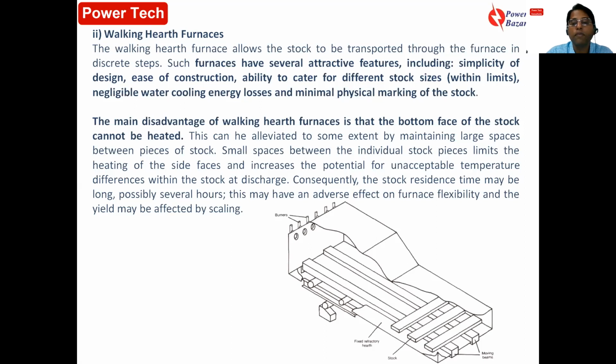So, it will have some effect on the furnace flexibility and the yield. Now, if the material remains inside the furnace for a longer time, what will happen? Scaling loss will happen, so the yield will be affected. Some amount of iron loss will happen due to scaling, and these are the major disadvantages of the walking hearth furnace.